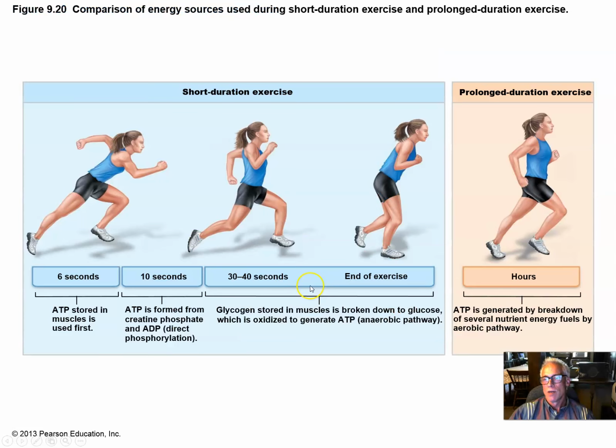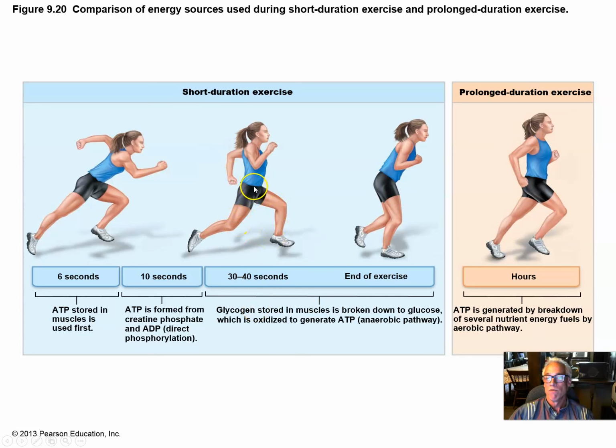So that's the story, right? If we exercise for a short period of time, we'll use ATP and creatine phosphate for the first 10 or 15 seconds. If we continue to exercise for, say, upwards of a minute, we'll use anaerobic glycolysis typically, especially if we're working at the fastest rate.